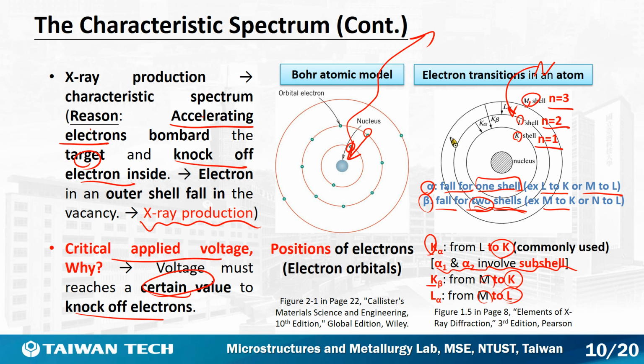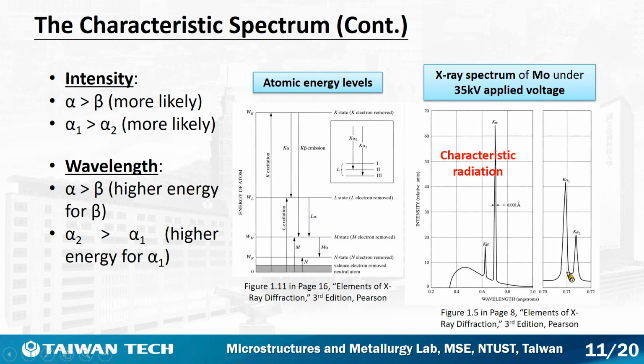So we know that we have the subshells, for example, like 2p or 2s. And let's talk more about this. Now we know about, for example, K, L, and M, right?